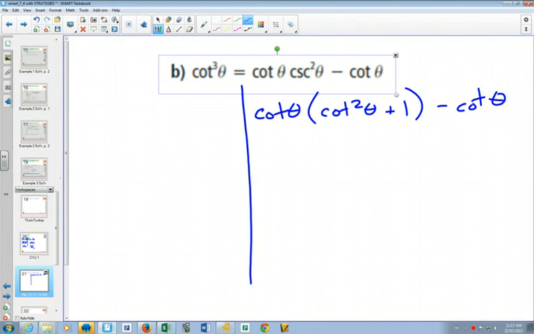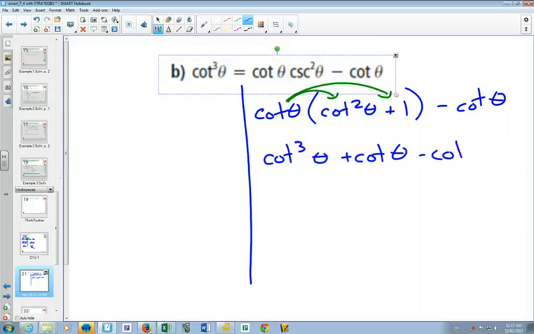And now if you distribute this, you're going to get cotangent cubed theta plus cotangent theta minus cotangent theta. And of course, these are like terms. They'll cancel out, and we just get cotangent cubed.